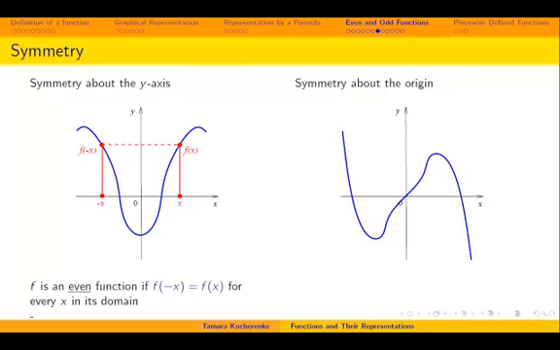Now let's look at the right-hand side. Here the graph of a function f is symmetric with respect to the origin. If we again take two symmetric points on the x-axis, x and negative x, the corresponding y values have to be also the same in absolute value, but the opposite sign.